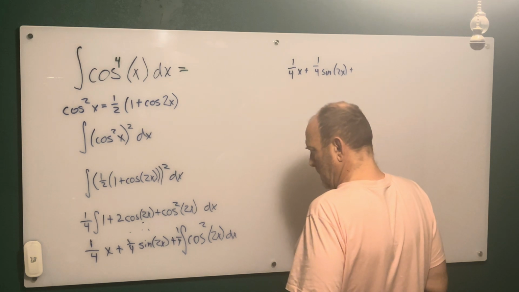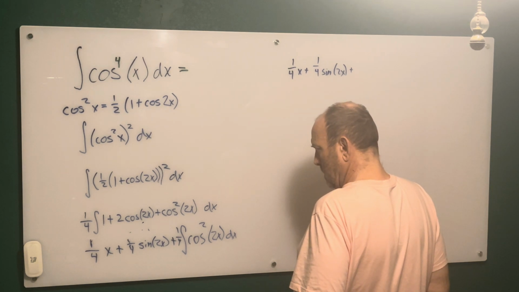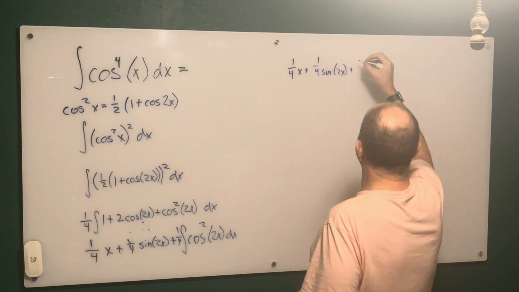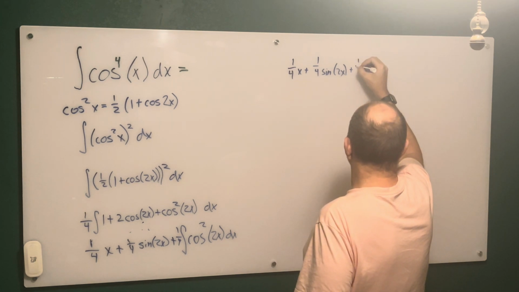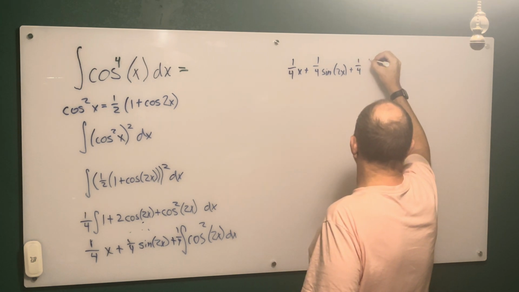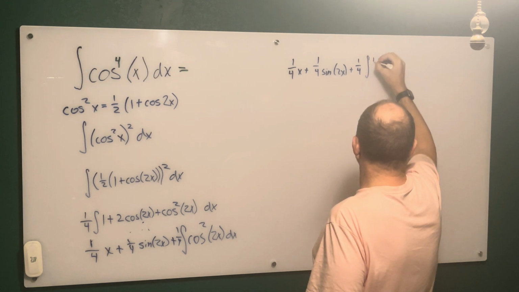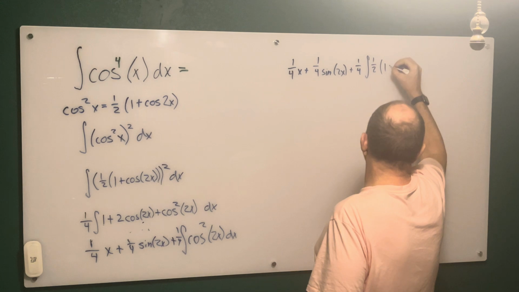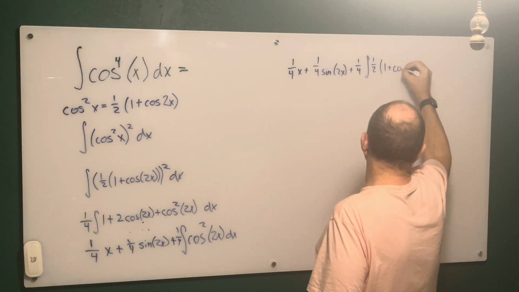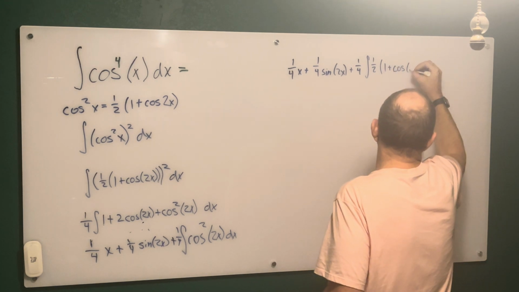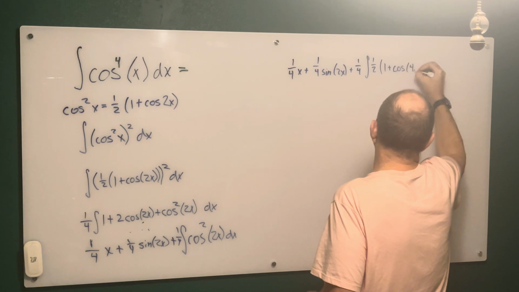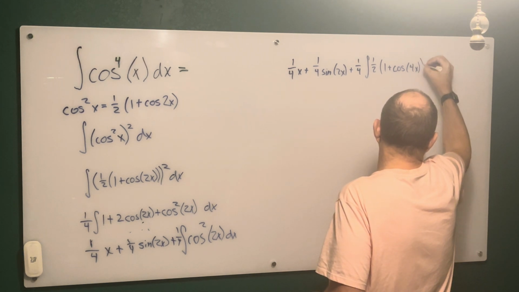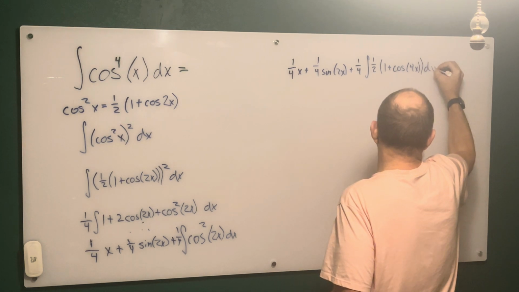plus 1/4 the integral of 1/2 times 1 plus cosine of now 4x dx.